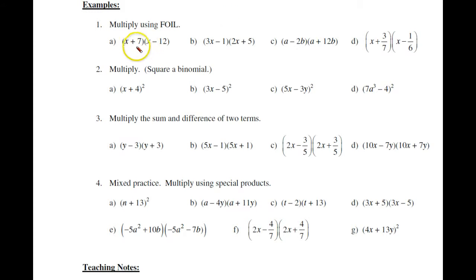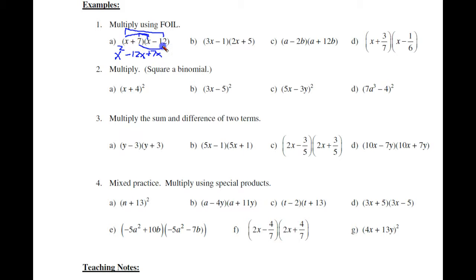So let's get started. Now often people, when they start, they have some little configuration that looks like this. First, x squared. Outers, a negative 12x. Inners, positive 7x.